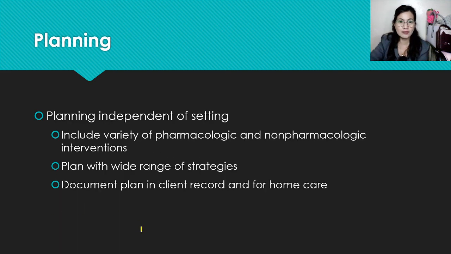Include a variety of pharmacologic and non-pharmacologic interventions. For the pharmacologic interventions, please take note that there's a need for a doctor's order. And then make a plan with a wide range of strategies. Don't forget to document the plan in client records and for home care as well.